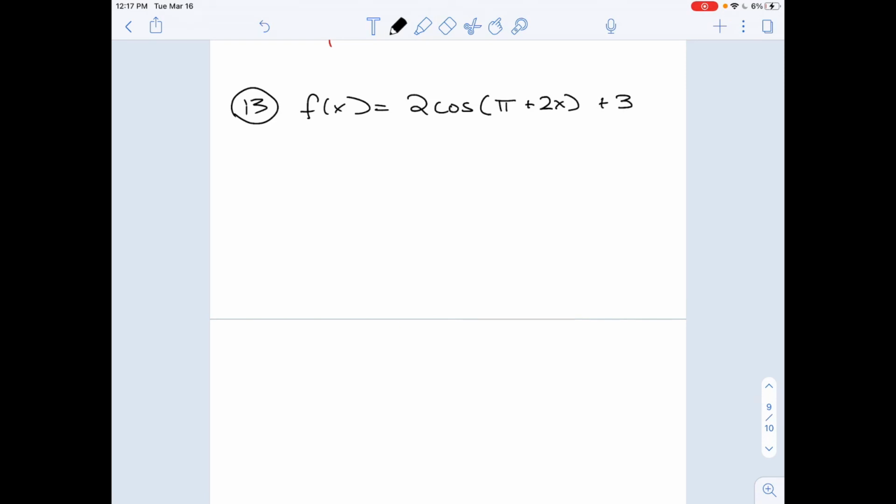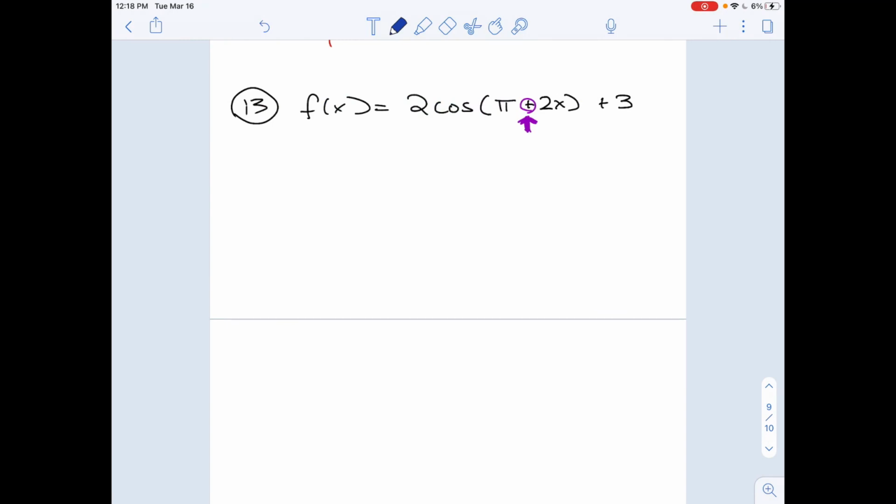So this is the one that we're going to graph instead of a minus. Okay, let's do number 13. I just wanted to call your attention to this right here. If you look in the directions of your assignment, I did have you change this to a plus. And I did that on purpose because we didn't really practice anything about what a minus there would mean. So we're changing that to a plus so that we can graph it.